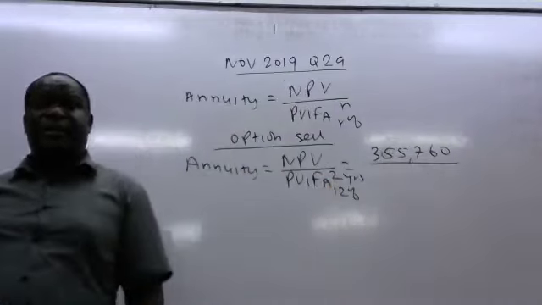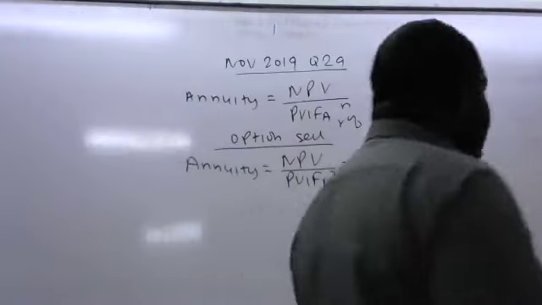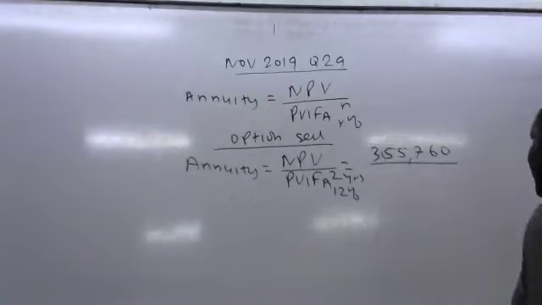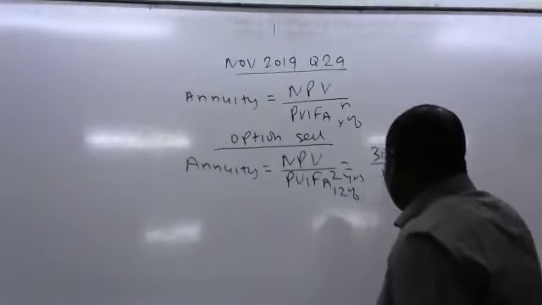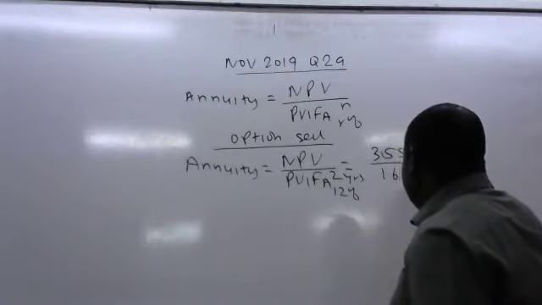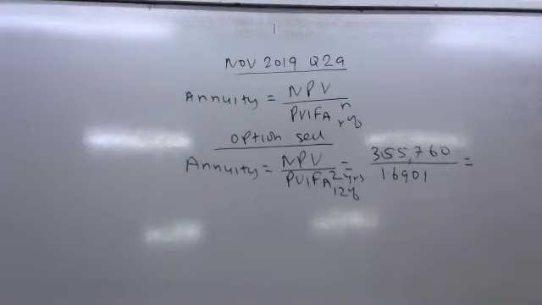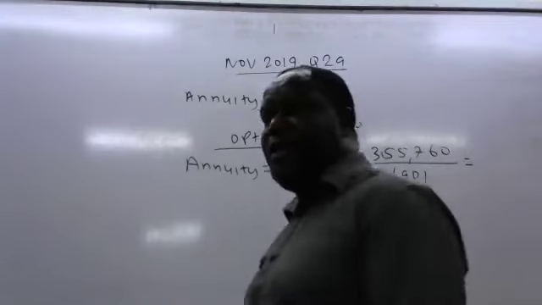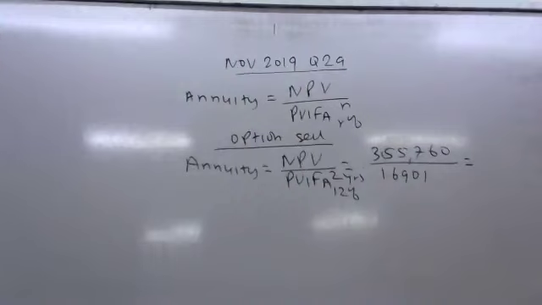This should be 1.6901. That should be now in a position to give you the annuity for option sell.